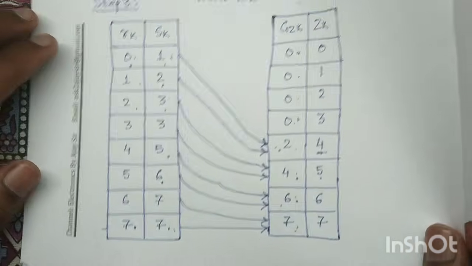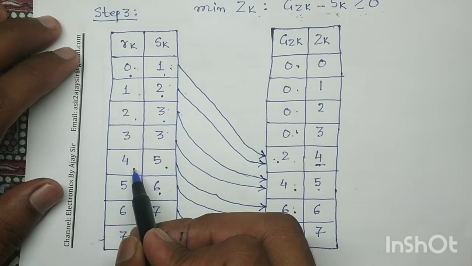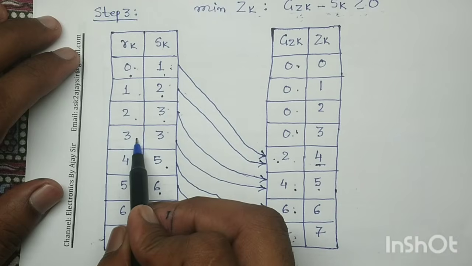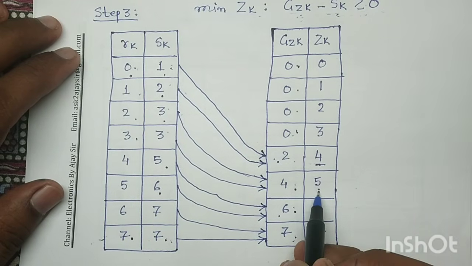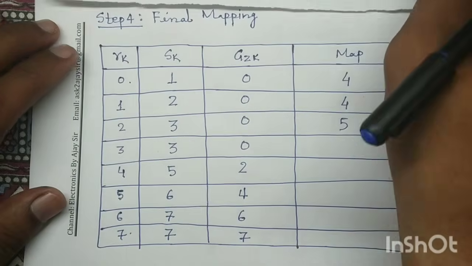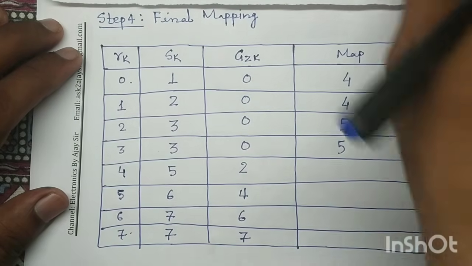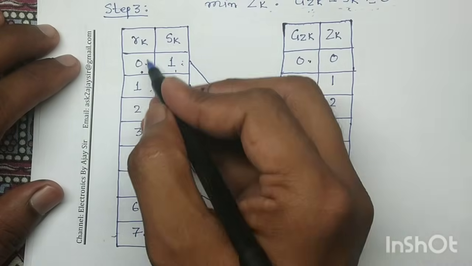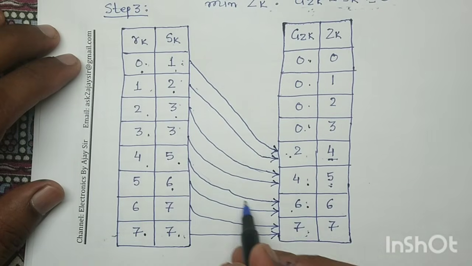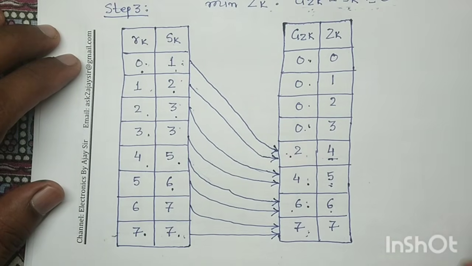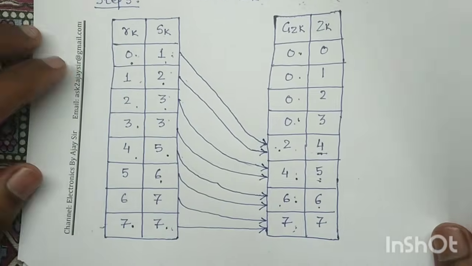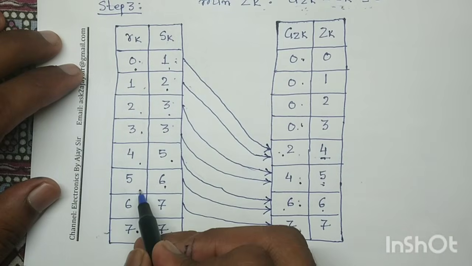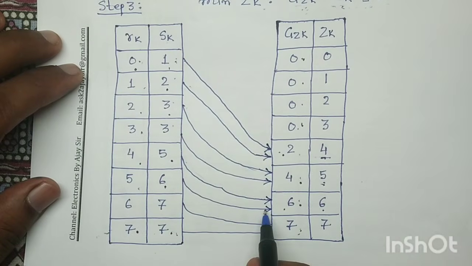Next, when RK is equal to 3, it is mapped with ZK equal to 5. Next, when RK is equal to 4, it is mapped with ZK equal to 6. So I will write here 6. Similarly, when RK is equal to 5, it is mapped with ZK equal to 6.